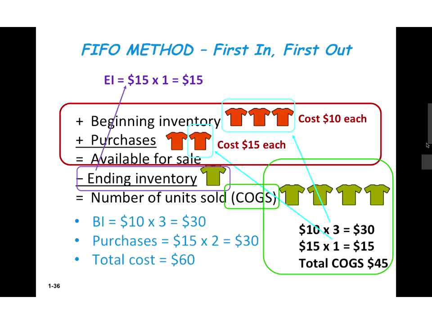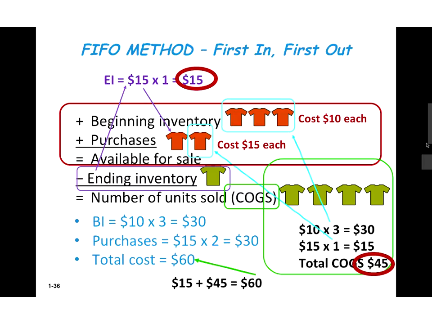So we have 1 at 15, and so ending inventory is $15, cost of goods sold is $45. That gives us total cost of $60. So we have 15, the 45, and that equals our total cost. The beginning inventory plus purchases has to equal ending inventory plus cost of goods sold, and we're there.